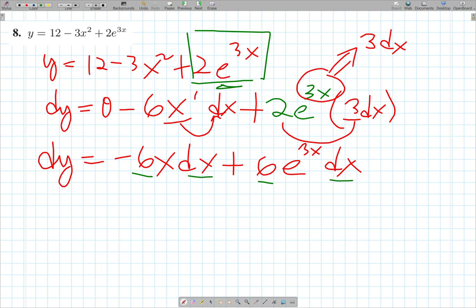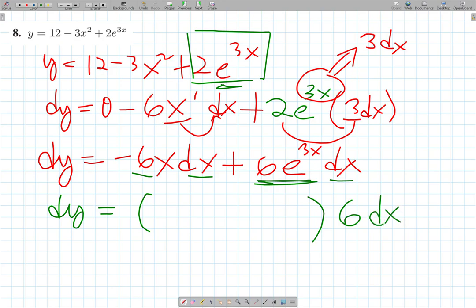Unahin ko ang positive. What remains is e^(3x) minus x.